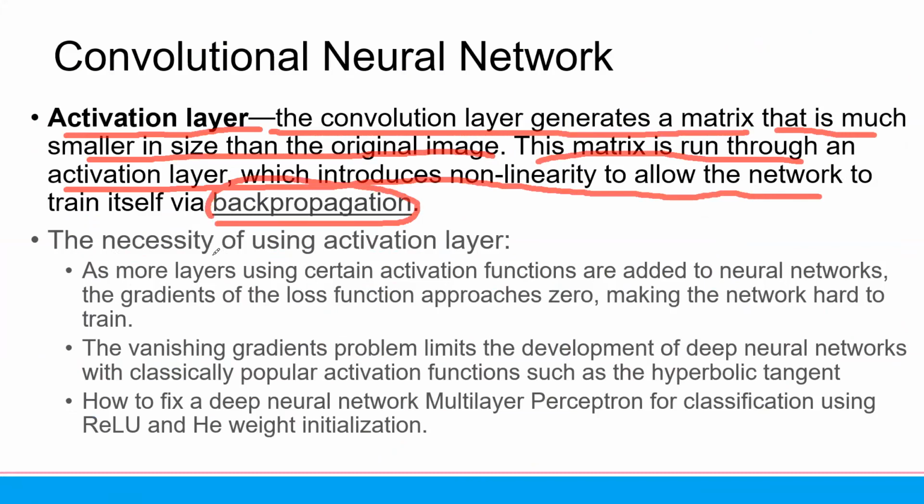If you still remember the neural network that we learned using back propagation, if we want to train the network using back propagation, we need to handle the activation with non-linearity.